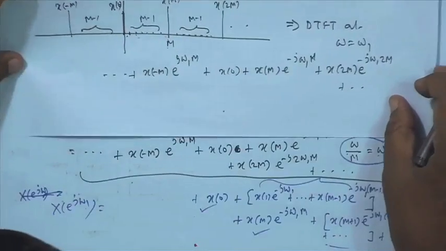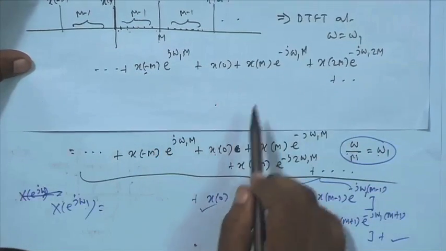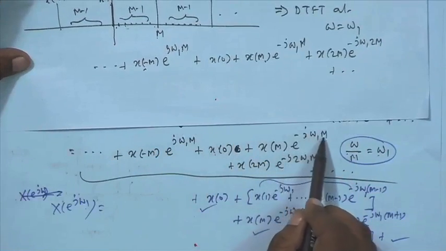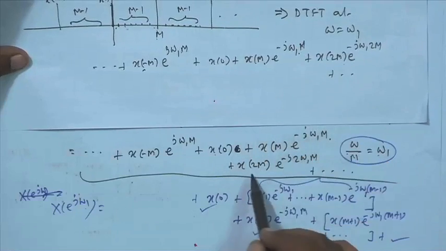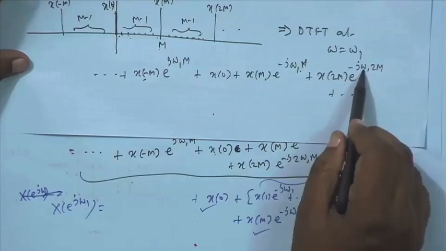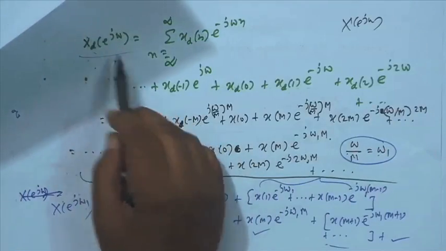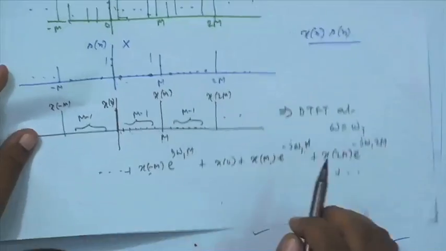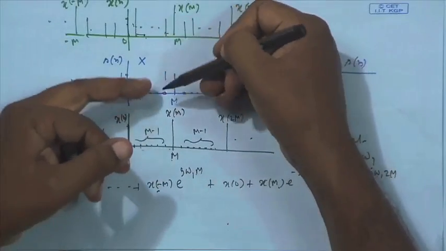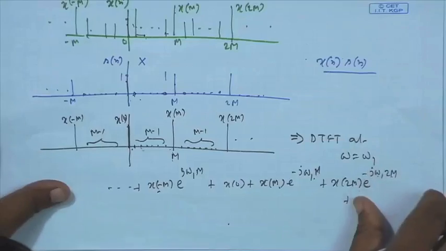You see, x minus m e to the power j omega 1 m, x 0, x m e to the power minus j omega 1 m, x 2 m e to the power minus j 2 omega 1 m. This 2 omega 1 and omega 1 2 is the same thing. So, this DTFT of the decimated sequence is same as DTFT of the product of the original sequence multiplied by the sampling sequence at a frequency omega 1.